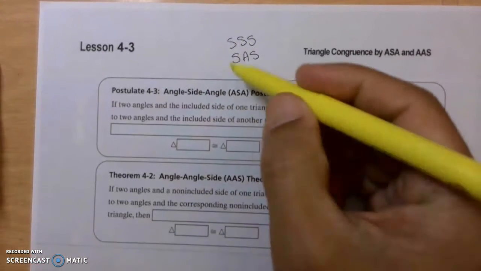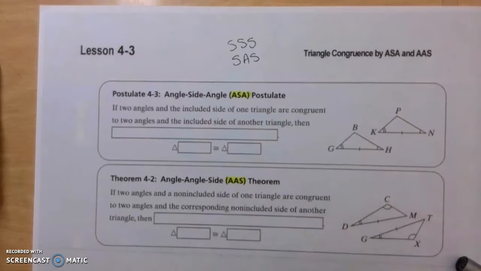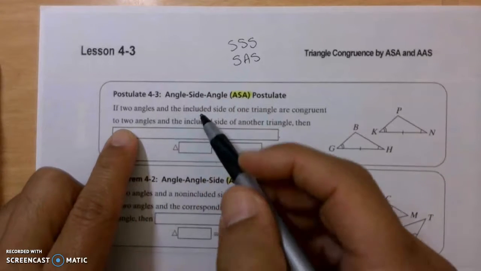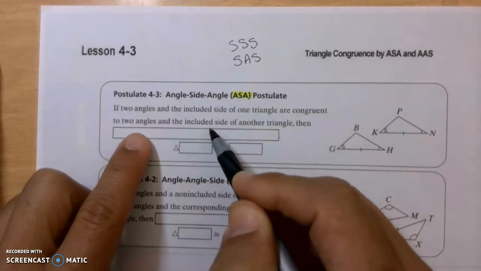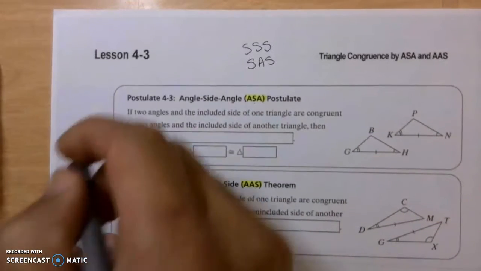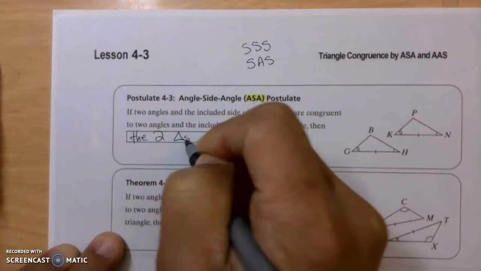We are going to add ASA, which stands for an angle, a side, then an angle. And then also AAS, angle, angle, side. So, if two angles and the included side of one triangle are congruent to two angles and the included side of another triangle, then the two triangles are congruent.